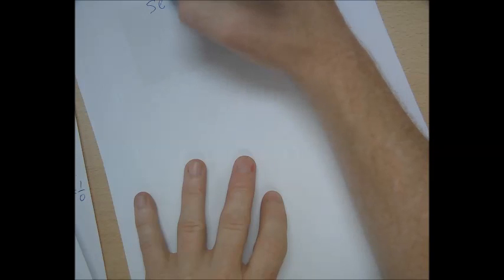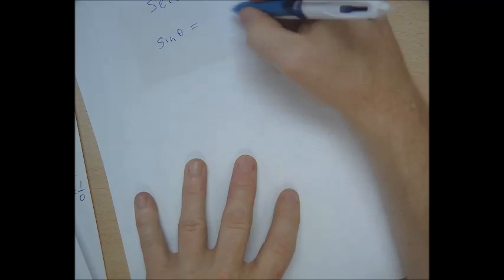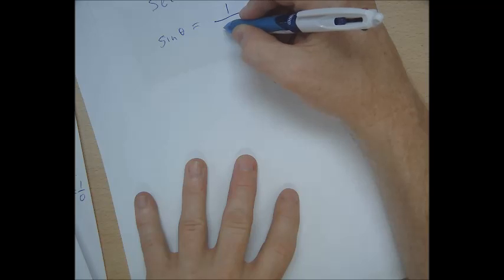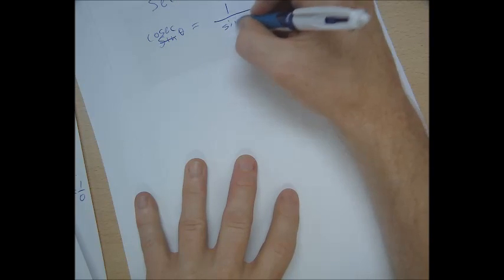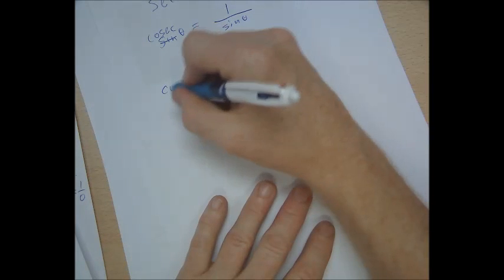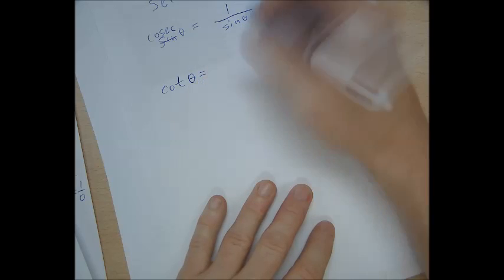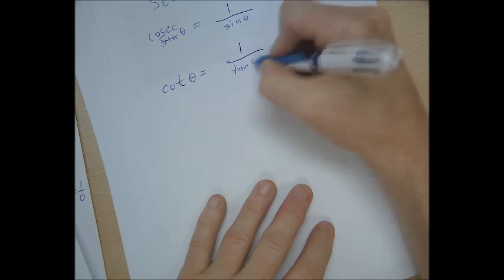Okay. So we've got sec theta is all the answers for cos upside down. We have cosec theta is all the answers for sine upside down. And finally there's cot theta, which is all the answers for tan upside down.